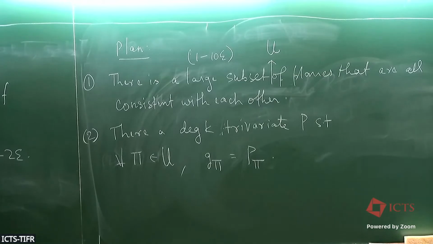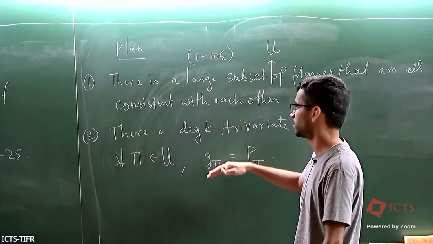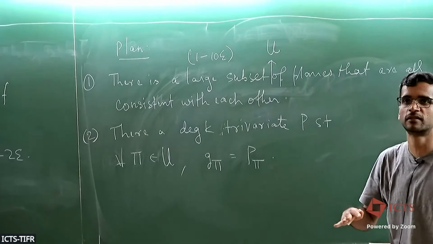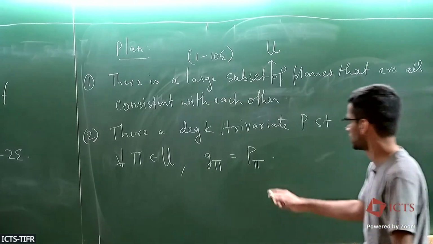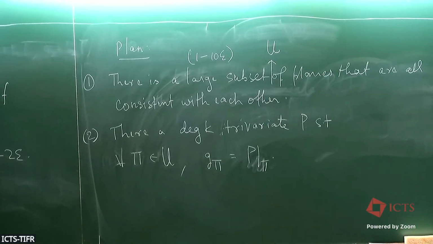So in the first step, we'll show that there's a large subset of planes that are all consistent with each other. And then we'll show that there is a degree k trivariate such that on all of these planes, the function G sub pi equals the restriction of P on pi. Are we good so far? Okay. Given these two steps, I want to claim that we will get the conclusion easily.